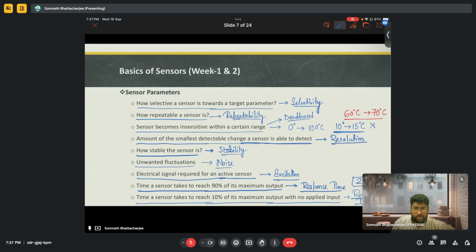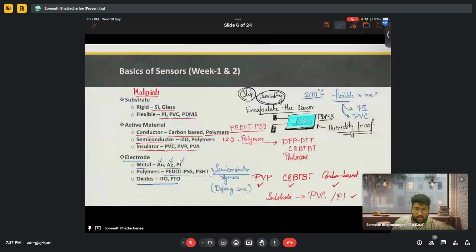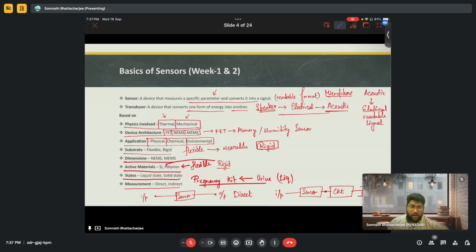Does anyone have any questions regarding this? The basics of sensors. Please go ahead, then I will move to the physics of sensors. If anyone has any question, I'll stop for 2 minutes, so please ask.